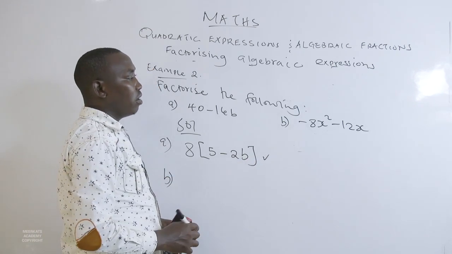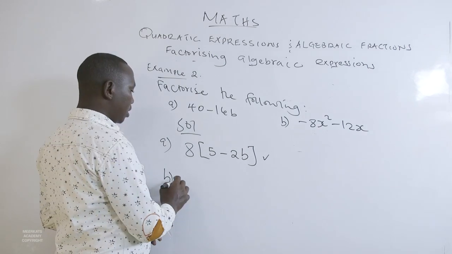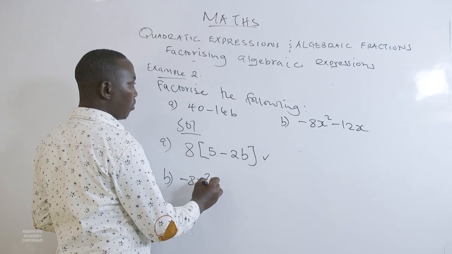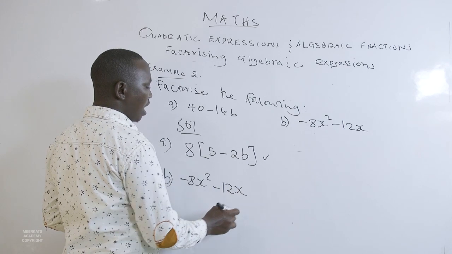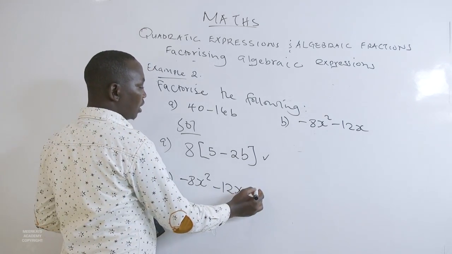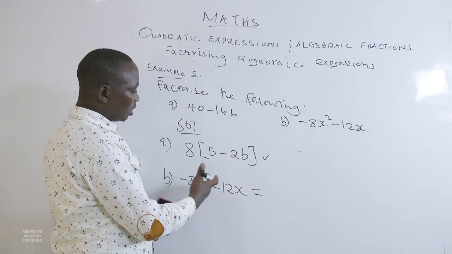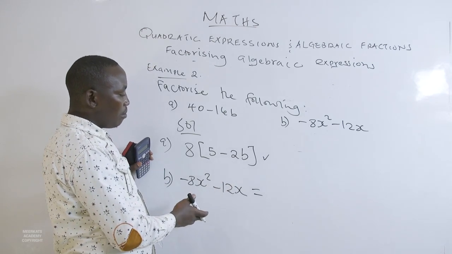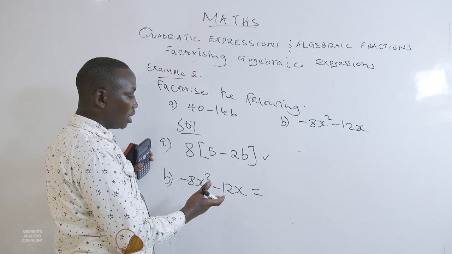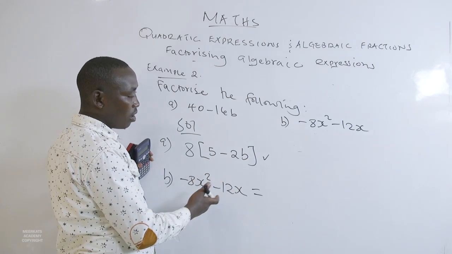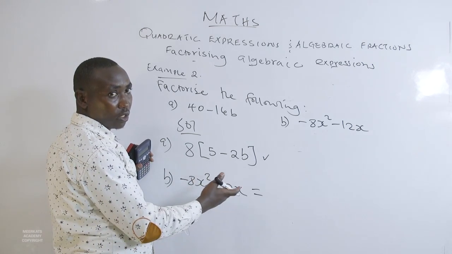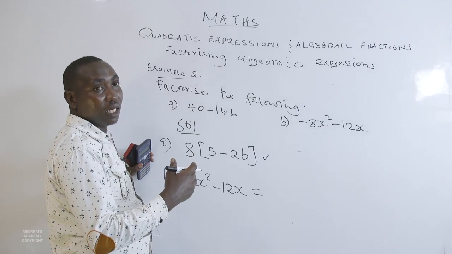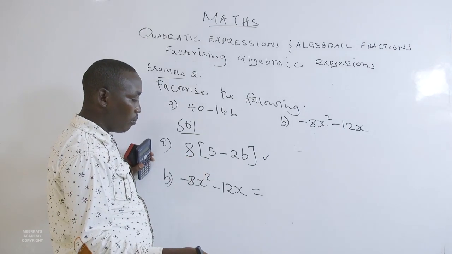Number b, we have negative 8x squared minus 12x. So for us, there are several numbers here that are common, beginning of course with 4. 4 is common to the 8 and the 12, 6 is not common. That tells us that we're supposed to end at 4.